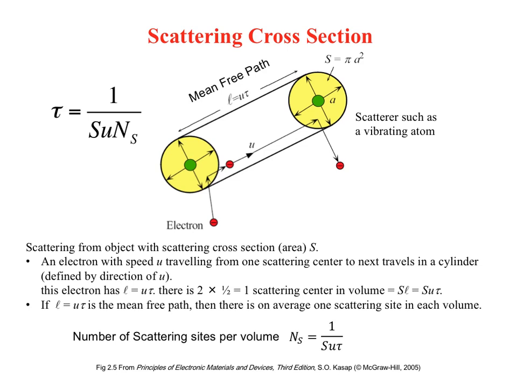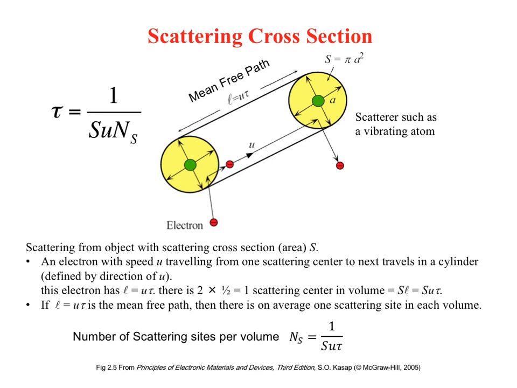It is simply 1 divided by S u times tau, because there is on average one scattering site in the volume defined by the mean free path and the scattering cross-section. Solving for tau, we get that the average time between collisions is 1 over the scattering cross-section, the speed of the particle that is being scattered, and the number density of scatterers.